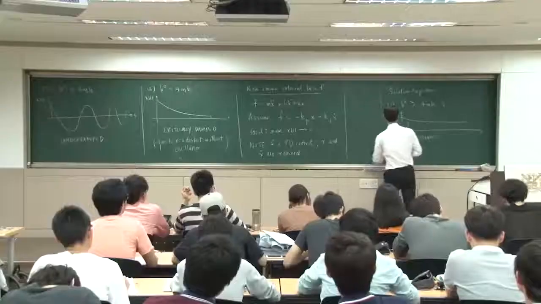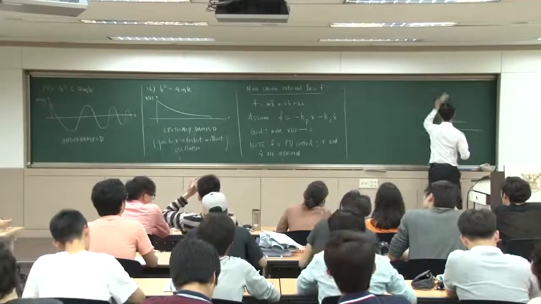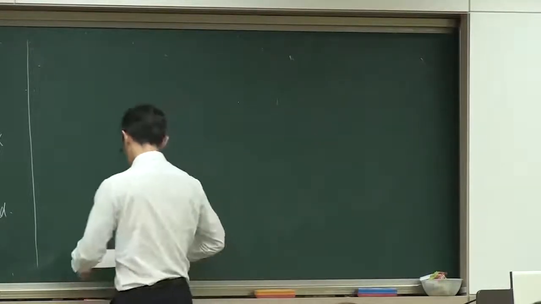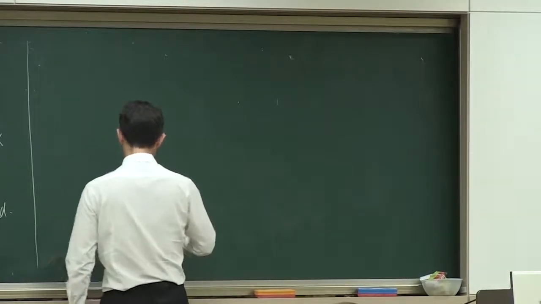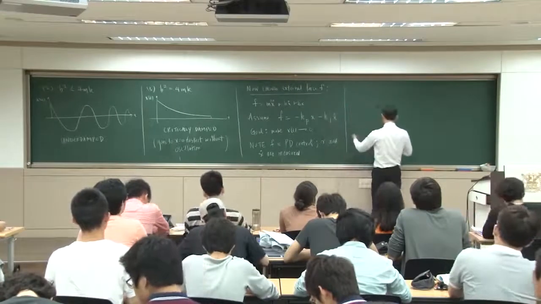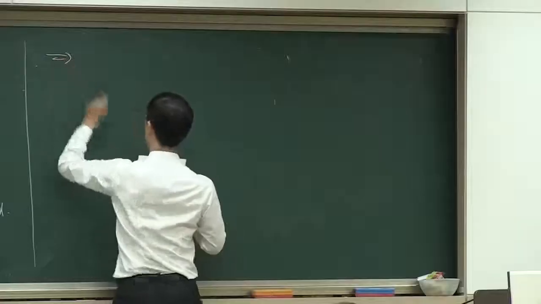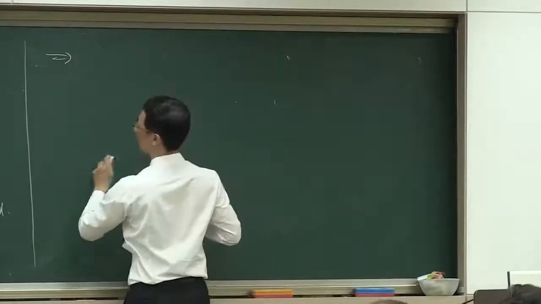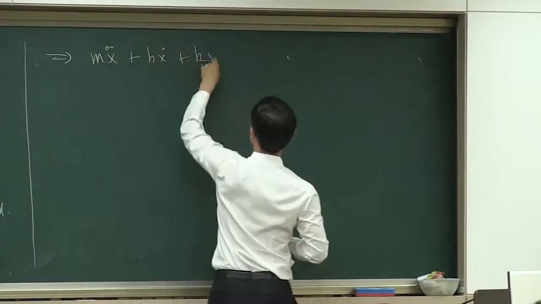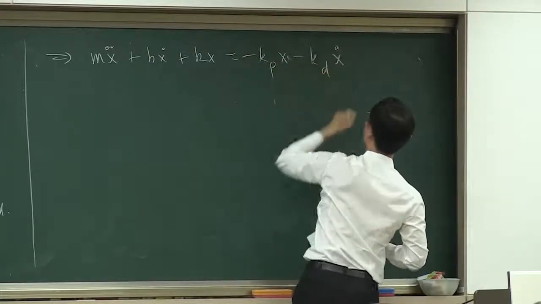Now we put this F into here and see what the equations look like. m x double dot plus b x dot plus kx equals minus Kp x minus Kd x dot.